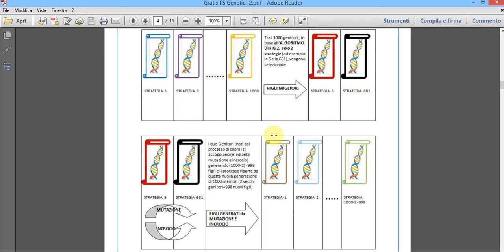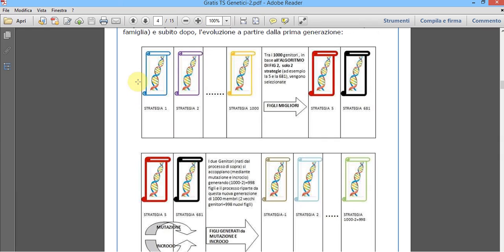What happens? I've tried to visualize what we are talking about. We have a first generation of strategies which is generated randomly. Let's say 1,000 strategies. It's the first family of members.